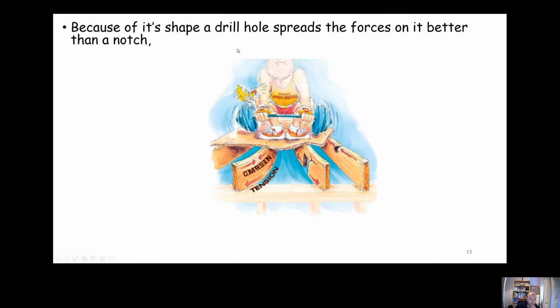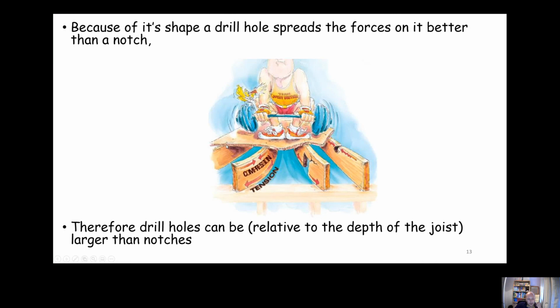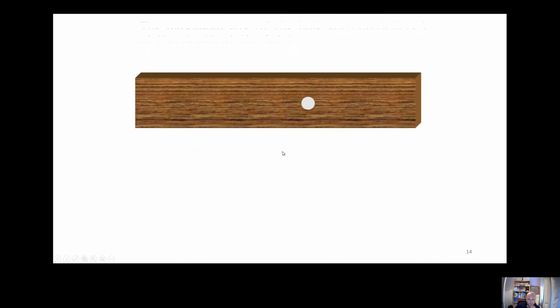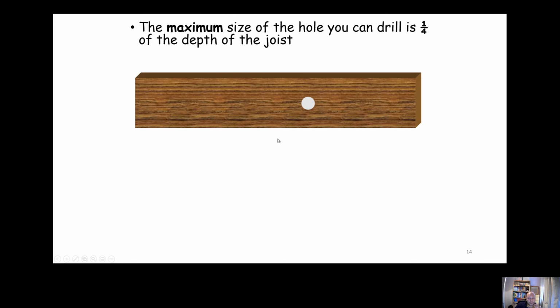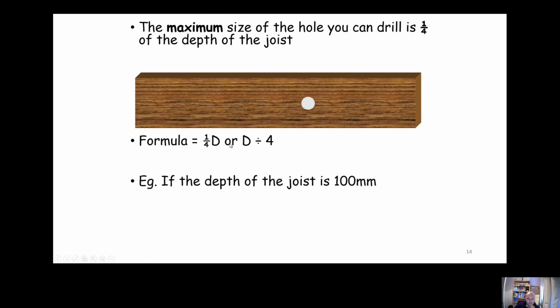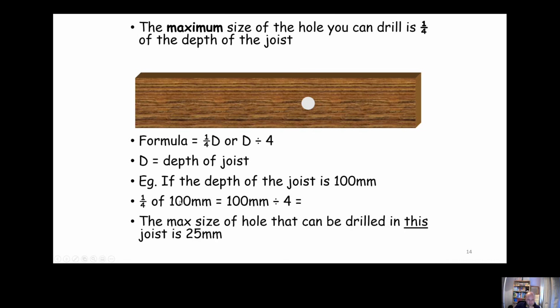Like we looked at, a drill hole spreads the forces a bit better than a notch. So our drill holes can actually be bigger relative to the depth of the joist than notches. The maximum size of a hole you can drill is 1/4 of the depth of the joist, so the formula is depth divided by 4. For example, if the depth of the joist was 100 mil, you do 100 divided by 4, which gives a maximum drill hole size of 25 mil.